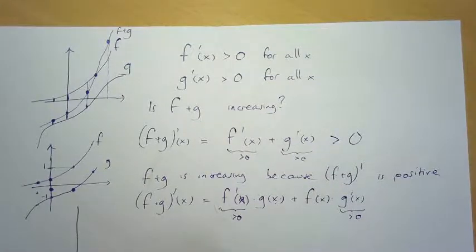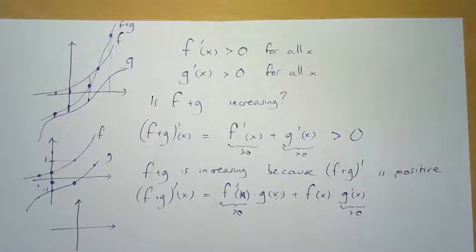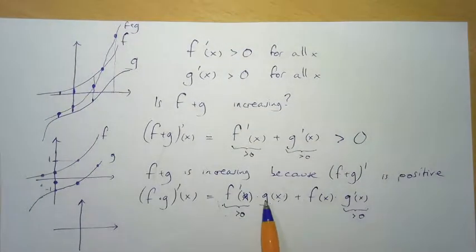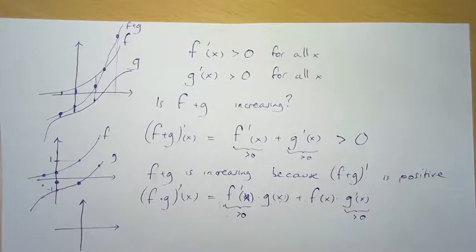I'll find now an example that shows why this is definitely not true. And the easiest example we can find, we need to find a function where g is negative and f is negative, even though their slope is positive.